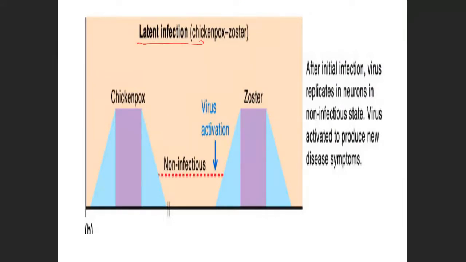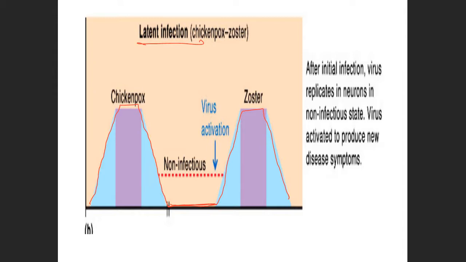During a latent infection, there's typically an initial infection which goes away, and it looks as if it was acute, but it didn't. The virus would remain hidden inside the cells, and years later, it will reappear.